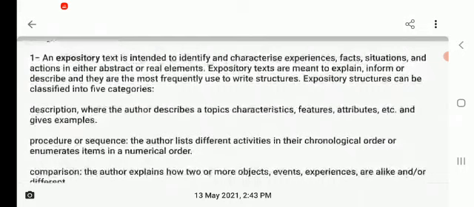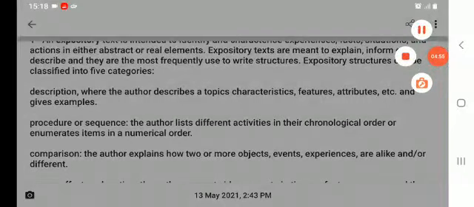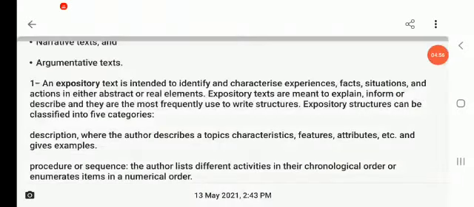The author lists different activities in chronological order or enumerates the items in numerical order. So here in the descriptive type, the author describes the topic, character, features, and attributes, everything in detail.